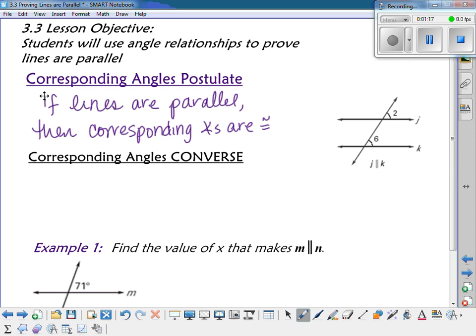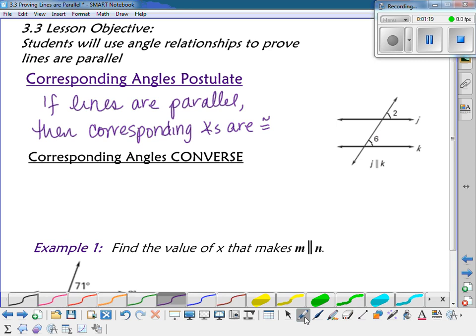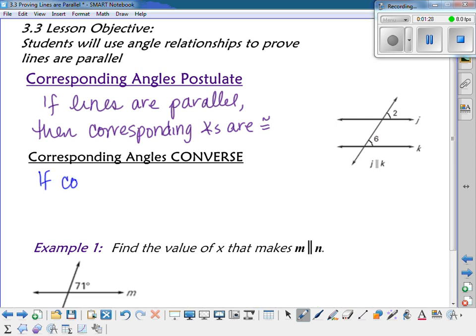With the converse, we changed the order. We're going to start off with congruent angles and then say that the lines are parallel. So the converse would say if corresponding angles are congruent, then the lines are parallel.